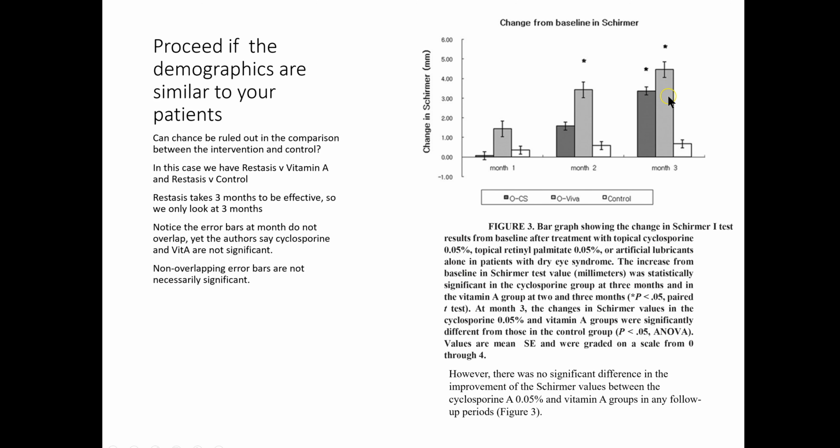And here we see the change to a better score at 3 months is actually better in the vitamin A group than it is in the Restasis group, in terms of the raw numbers. But they claim that in their analysis of these values, there was no difference.